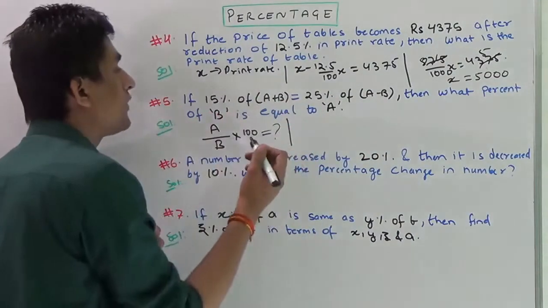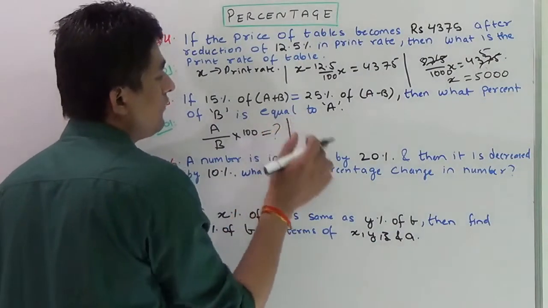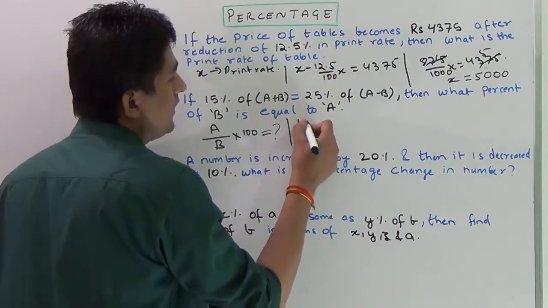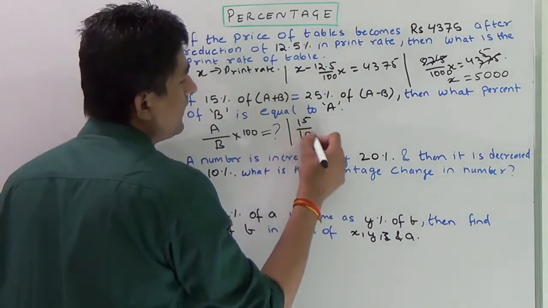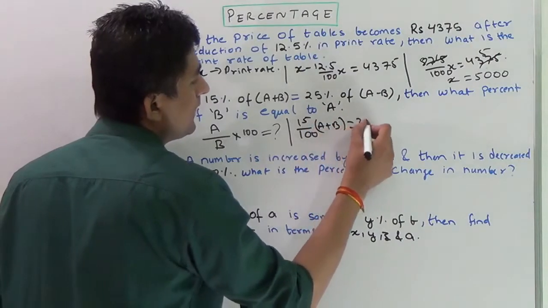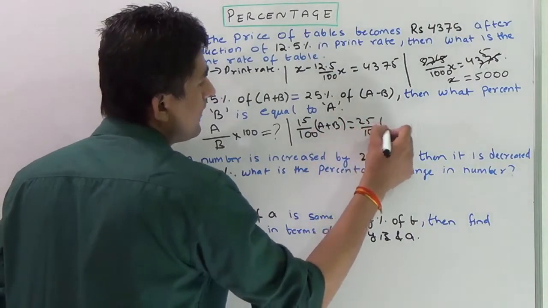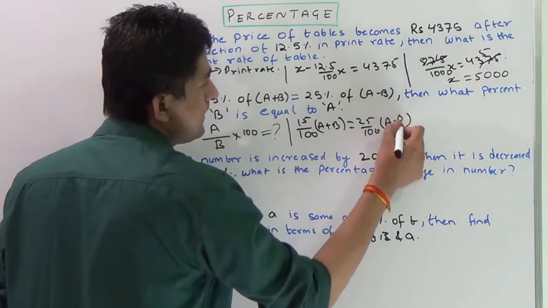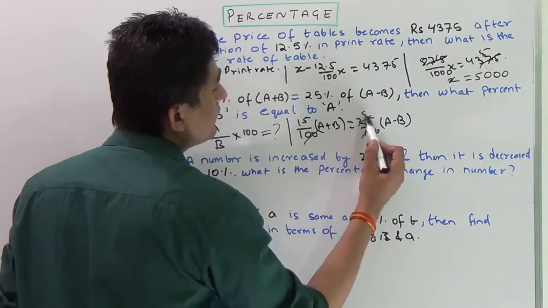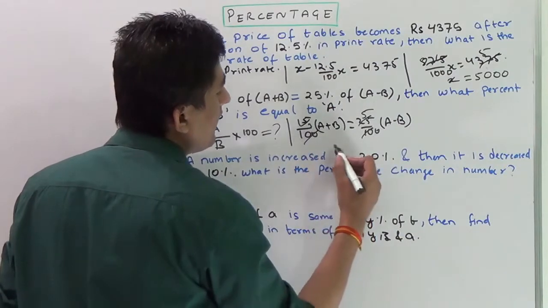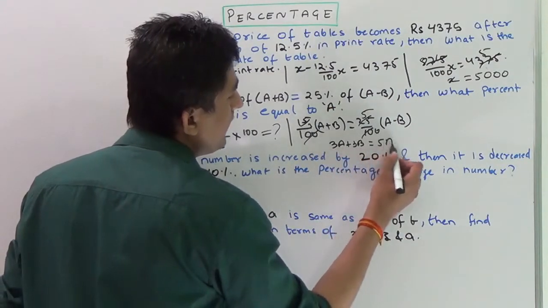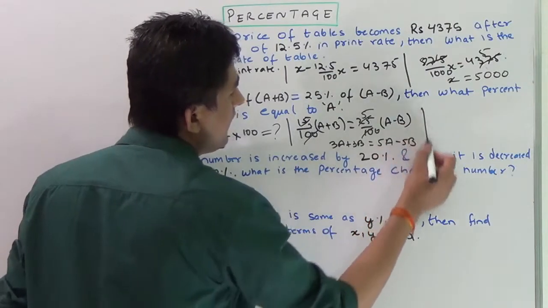I'll just convert this question into the form of variables and equations. I'll write it like this: 15 upon 100 of (a plus b) is equal to 25 by 100 of (a minus b). This 100 is gone, this will be 5, this will be 3, and from here 3a plus 3b is equal to 5a minus 5b.